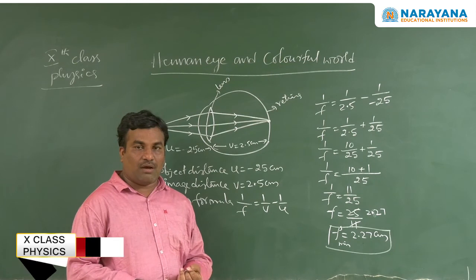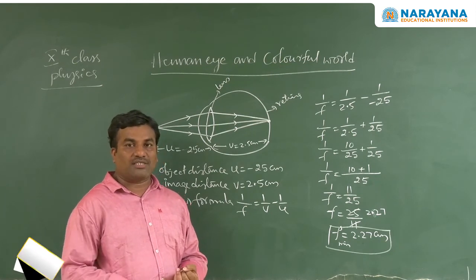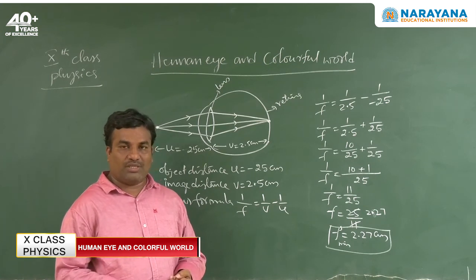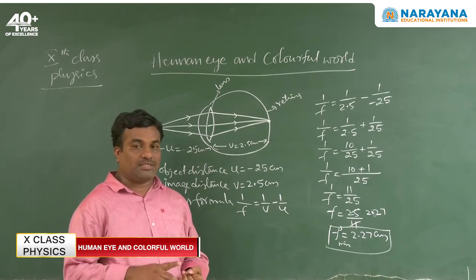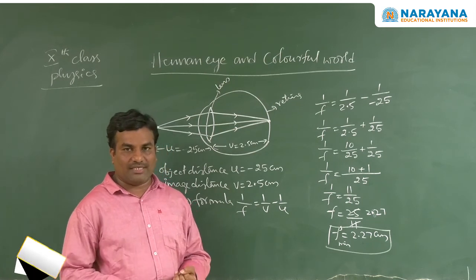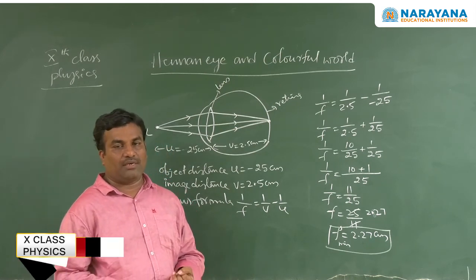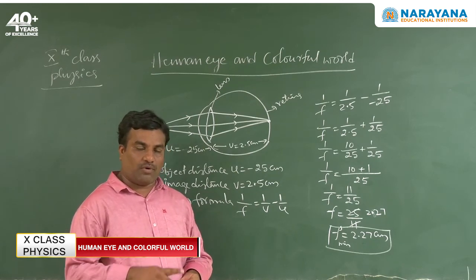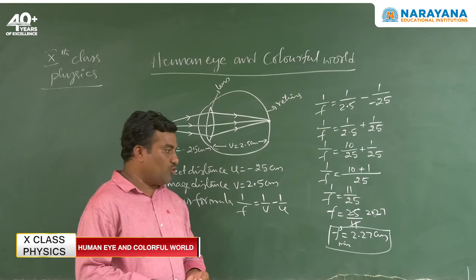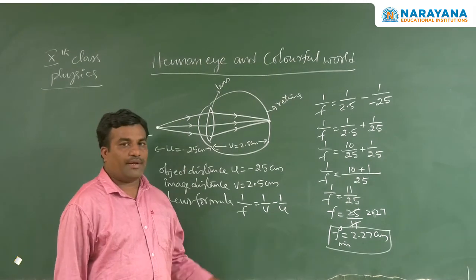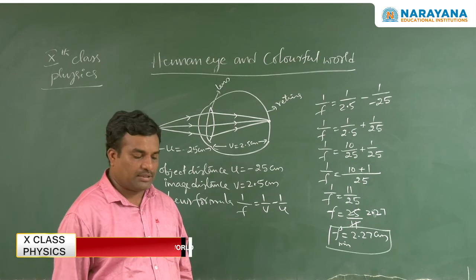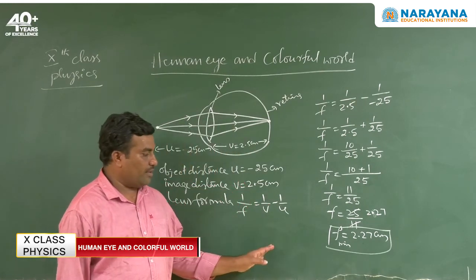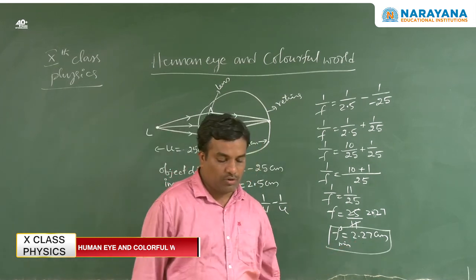When we focus on long distance objects, the eye lens focal length is maximum, that is 2.5 centimeter, and when we focus on near objects the focal length decreases to 2.27. So we get two values, maximum and minimum.